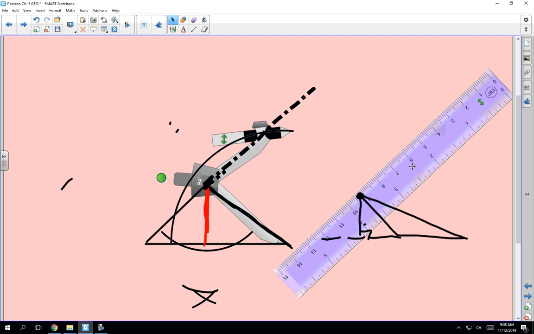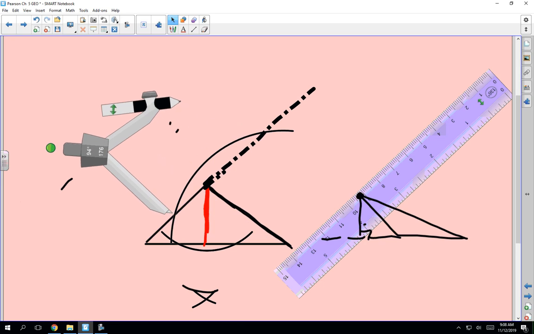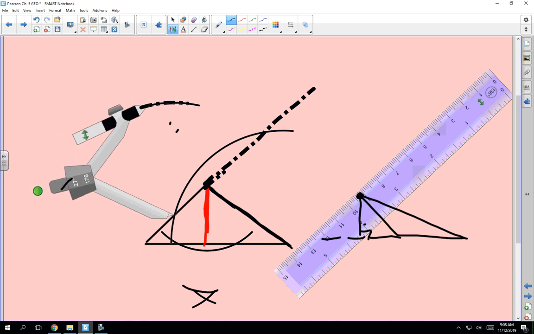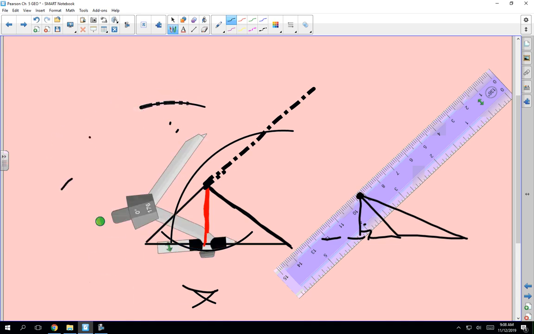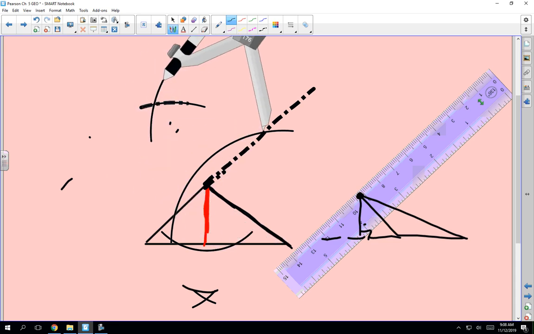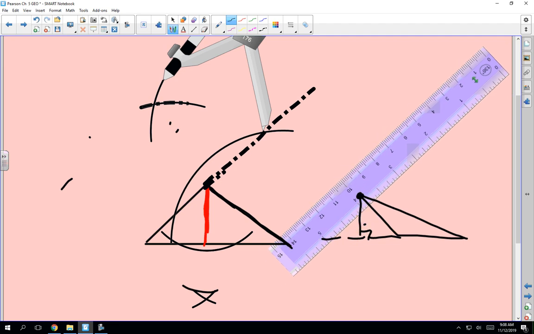And then from there, take and swing arcs out here. Oh, I've got to change it back to solid. So swing arcs out here, and then over here, swing another arc. I know, well, that's what I'm saying. In certain triangles, you can have an altitude that's not inside the triangle.